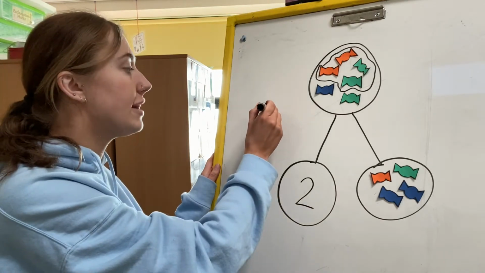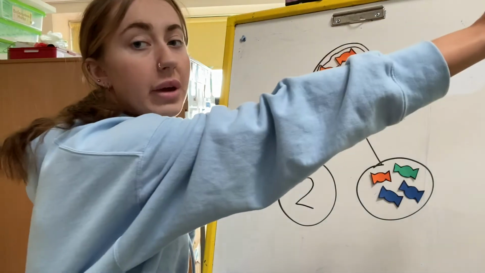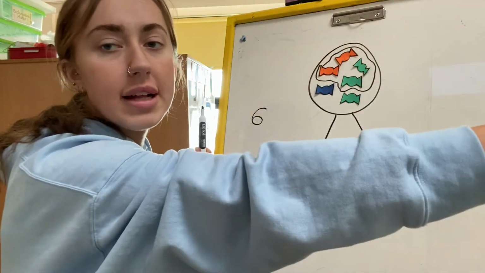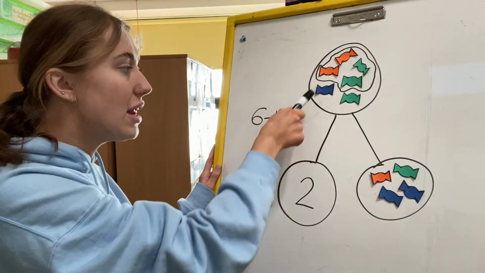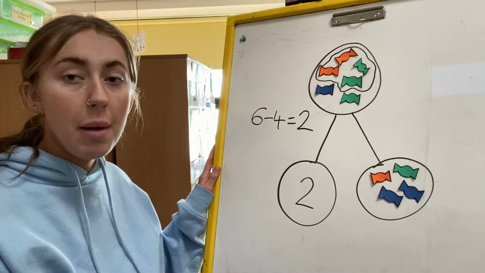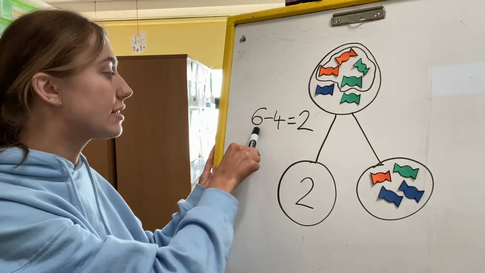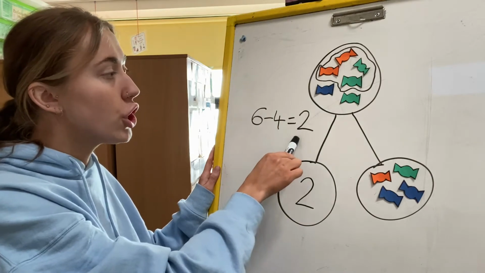So we know that we had 6, and we've taken away 4 to see what the other part is. So we've taken away 4 and we found out that we have 2 left. So we've used our part whole model to find out that 6 subtract or take away 4 equals 2.